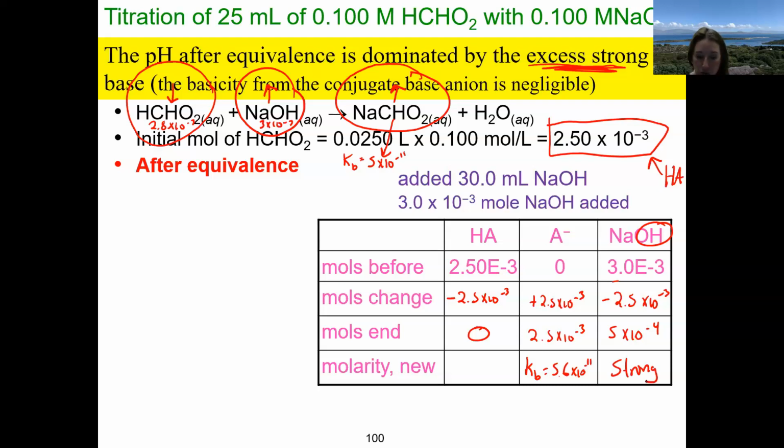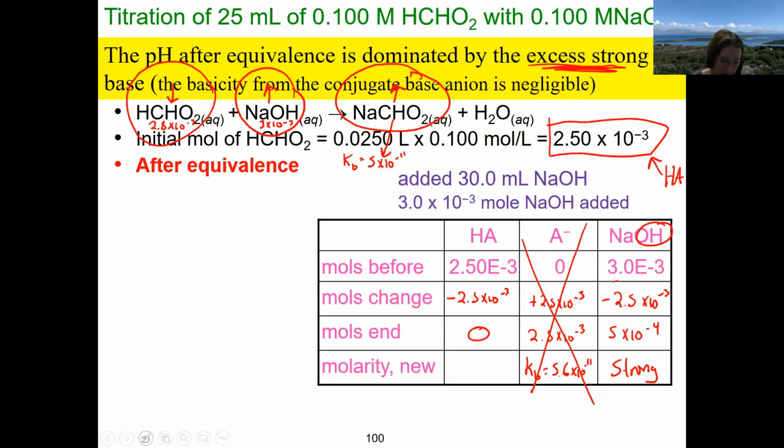Because it's so weak, we can literally ignore it. It's just like when we did our mixtures of acids. If you have one that's much, much weaker, you can just ignore it, because it doesn't dissociate at all. And then we just have the pH of our strong base.